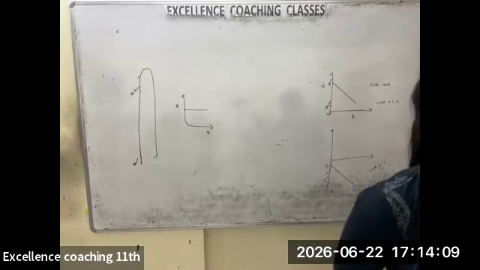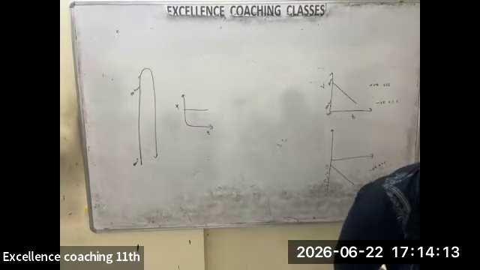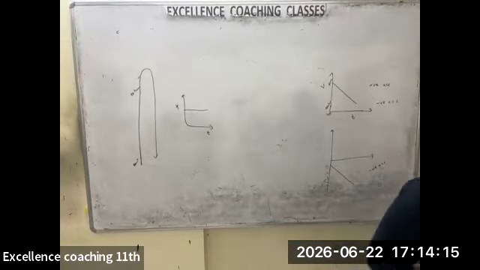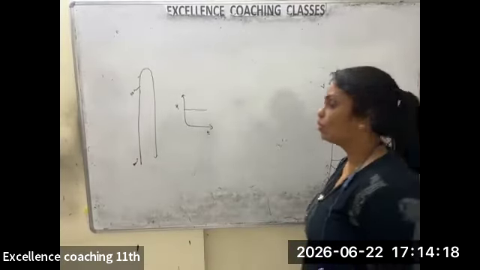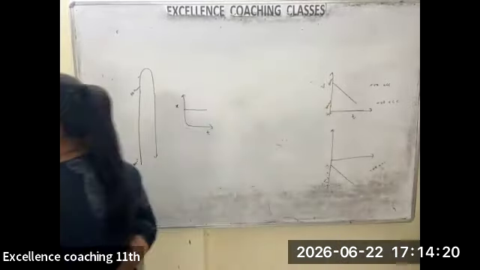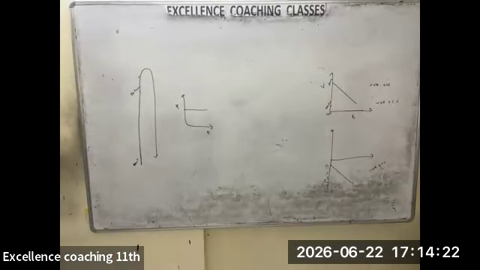Can you draw a displacement time graph for constant velocity? Try to think first. What is constant velocity? Equal. What is the velocity formula?